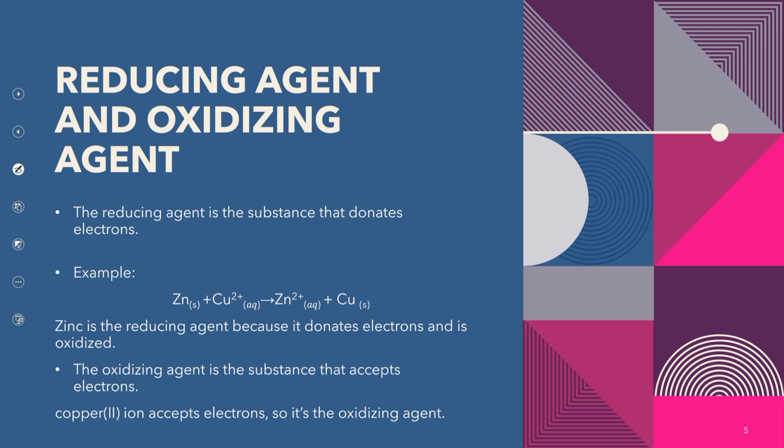So, reducing and oxidizing agents. The reducing agent is the substance that donates electrons, right? So now if we look at the reaction previously, we had noticed that zinc lost 2 electrons, so that means it's donating electrons.